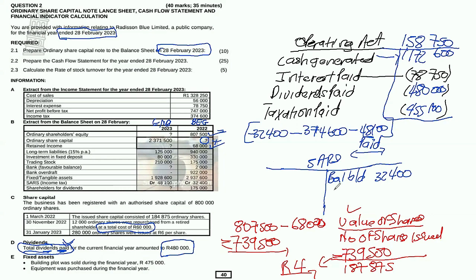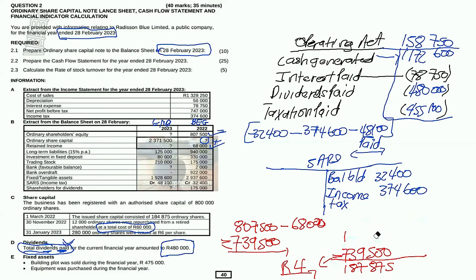Therefore, remember, always our income tax is on the credit side because it's a liability. Therefore, our income tax was given as 374,600, right? Therefore, as for our balance at the end, it was on the debit side.